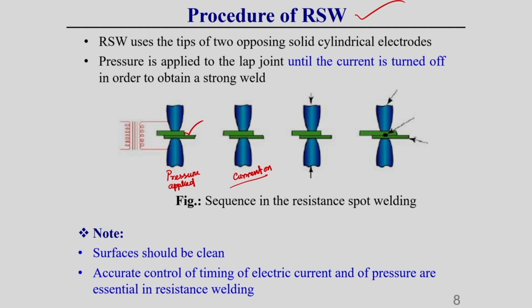After that, once the weld nugget or weld pool is formed, we have to switch off the current. This step is called the current off stage.